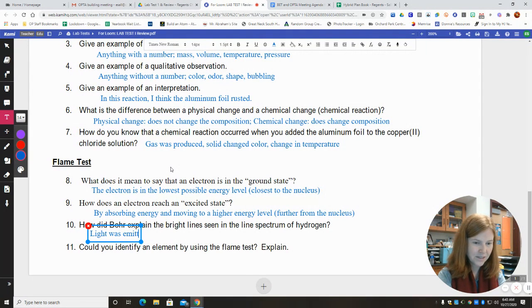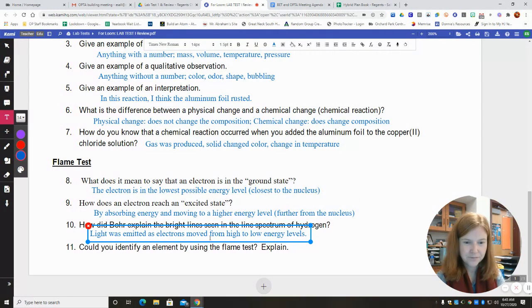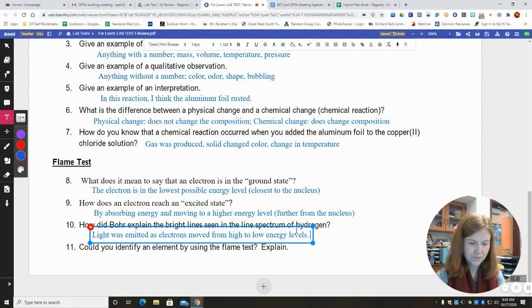Light was emitted as electrons moved from high to low energy levels. So we'll say returned to ground state. Okay.